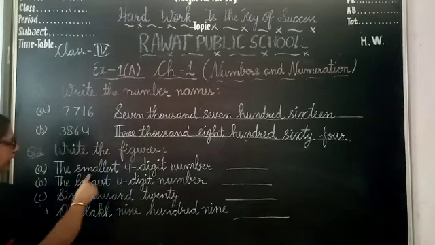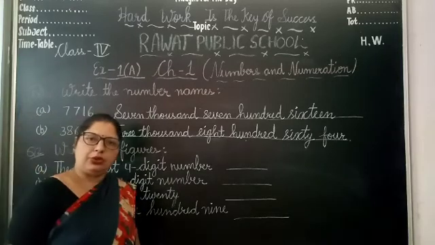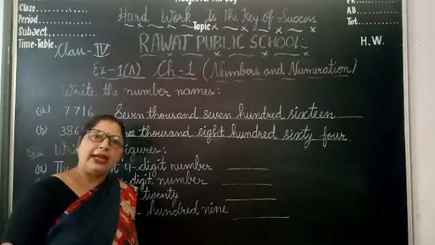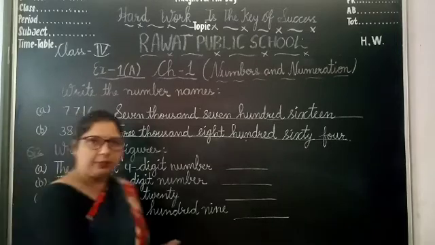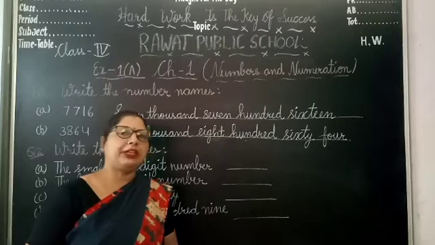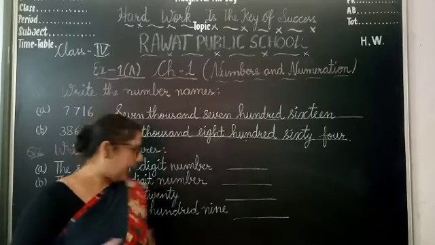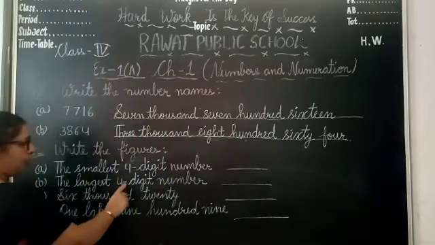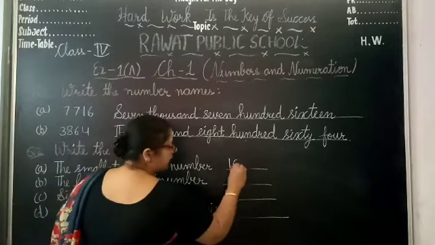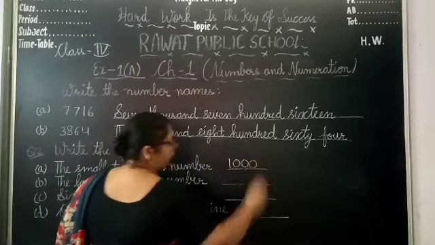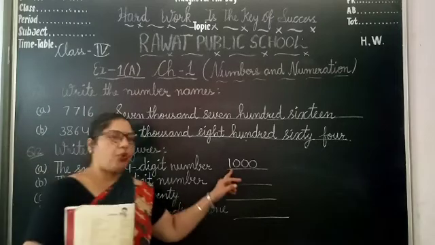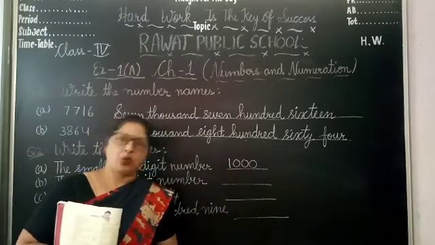First is the smallest 4-digit number. Students, I have already explained that the smallest 2-digit number is 10. So the smallest 3-digit number is 100 and the smallest 4-digit number is 1000.